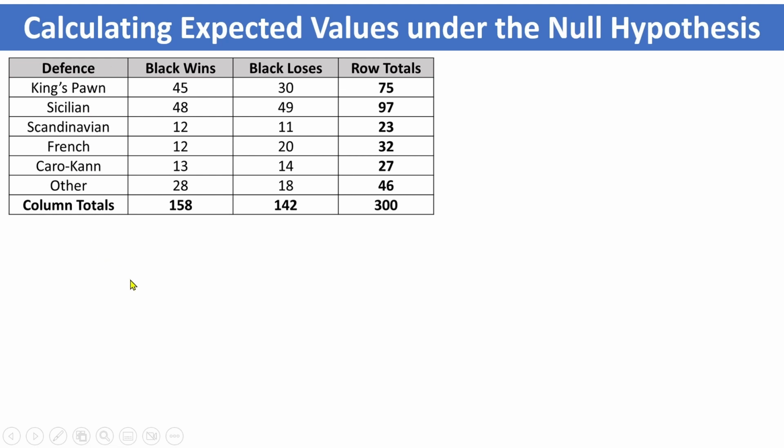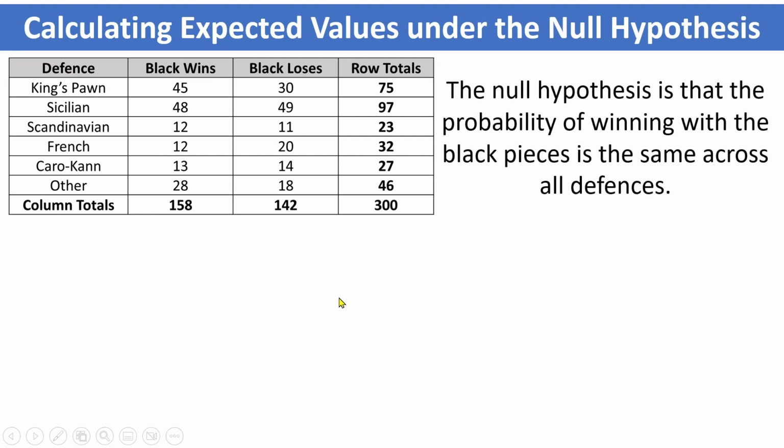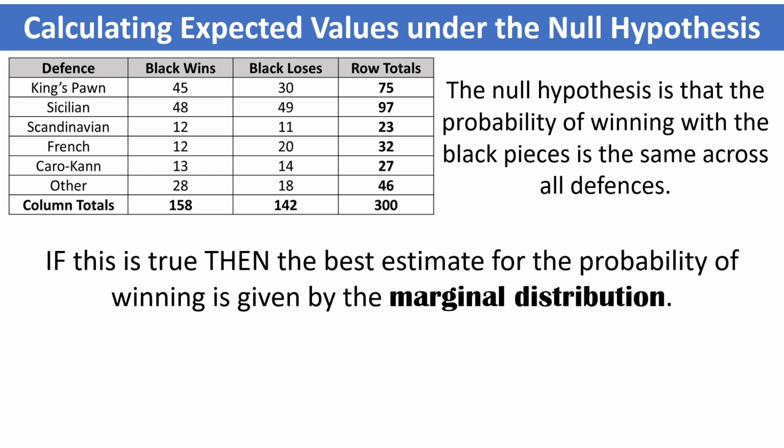So under the null hypothesis, the probability of winning with the black pieces is the same across all defenses. And remember, when you conduct a hypothesis test, you always start with the assumption that the null hypothesis is true. So that is very convenient because it gives us a very easy way to calculate the expectations.